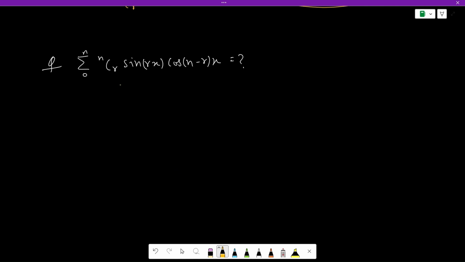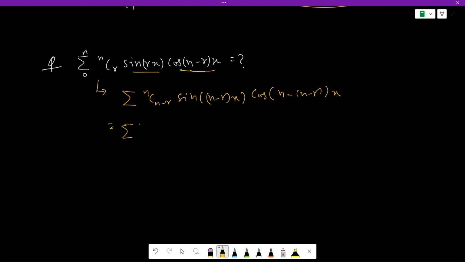Alright, so now let me solve it. Again, what we need to do is, in such questions, putting r to n minus r will reverse the series. So just put it. So this will be summation nC n minus r sine of n minus r times x, cos of n minus r times x.